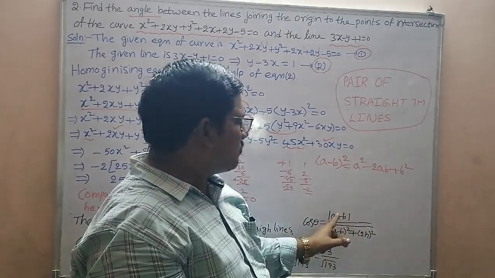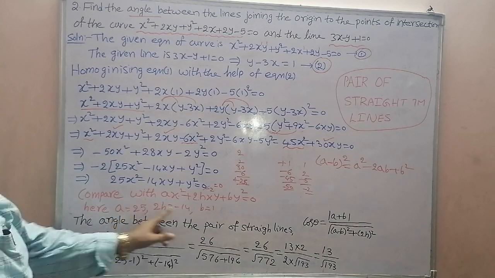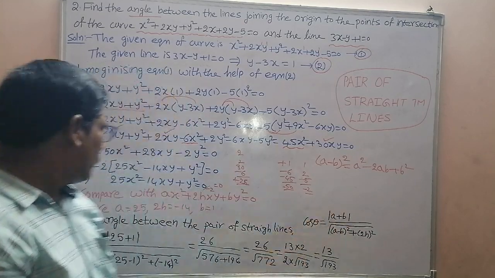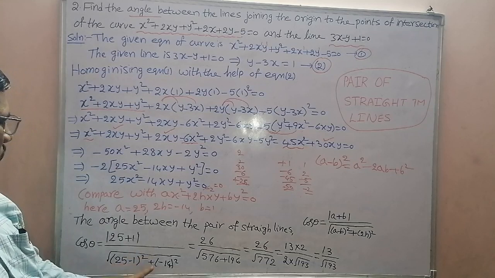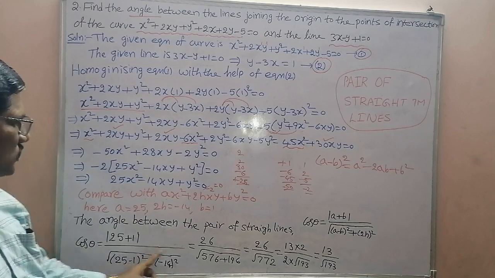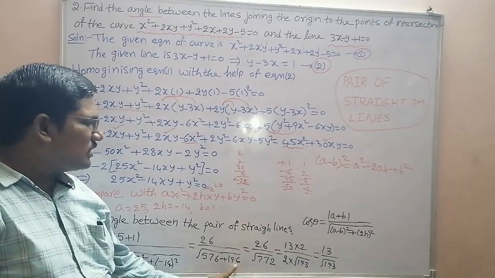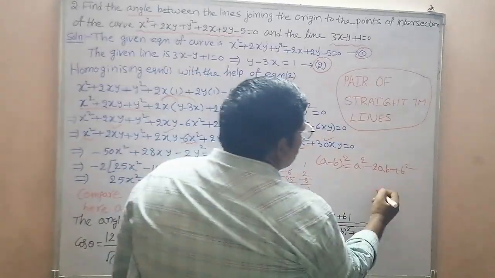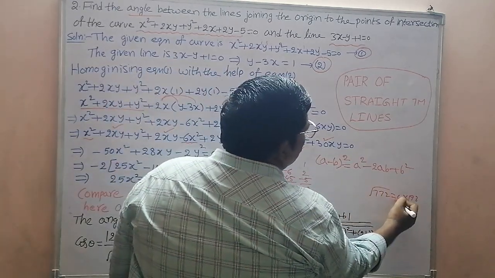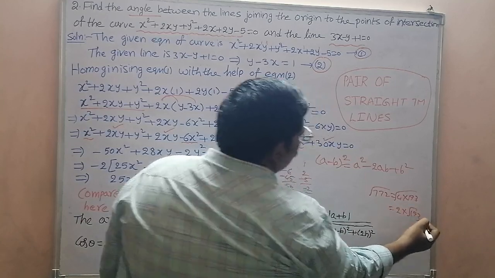Substitute the a, b and 2h values. So cos theta equals 25 plus 1, which is 26, divided by the square root of 25 minus 1 whole square plus minus 14 whole square. 24 whole square is 576, plus 196 is 772. 772 is 4 into 193, so root 772 is 2 root 193.